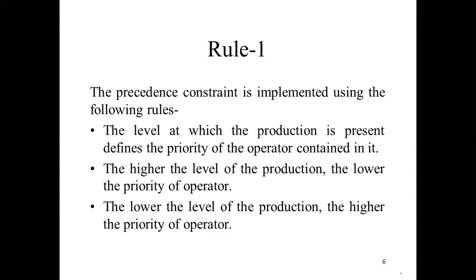So first we will decide where the production is. Whenever we write any expression, we first divide our expression, and suppose we write a complete expression, it must contain a few strings.